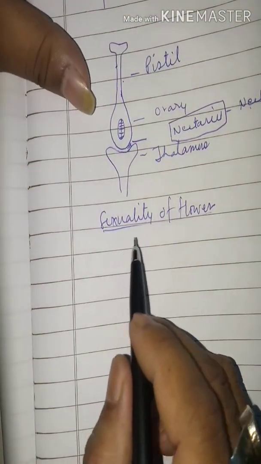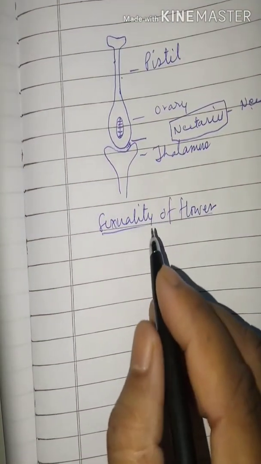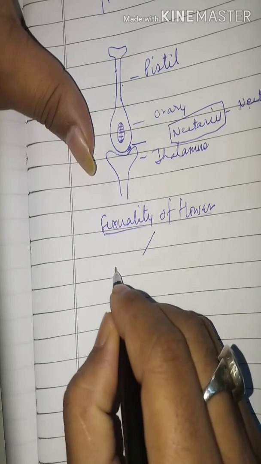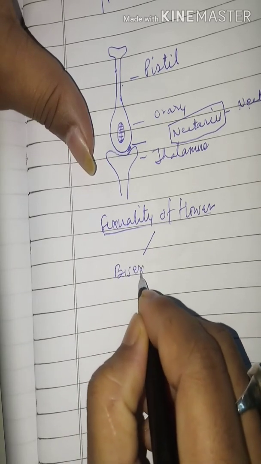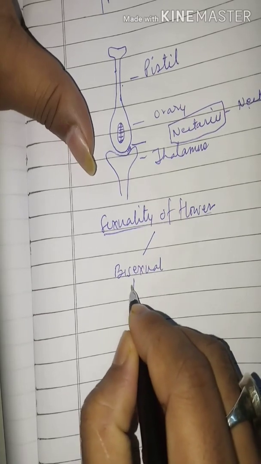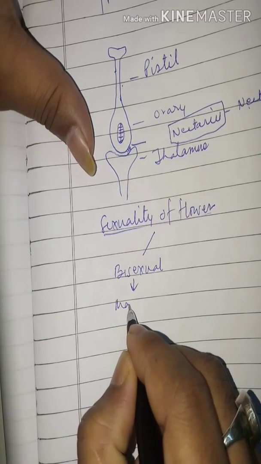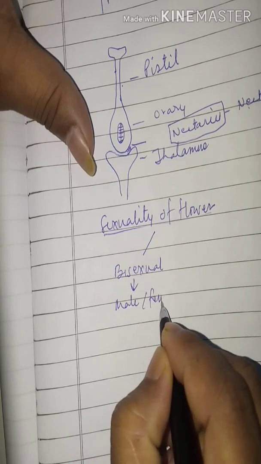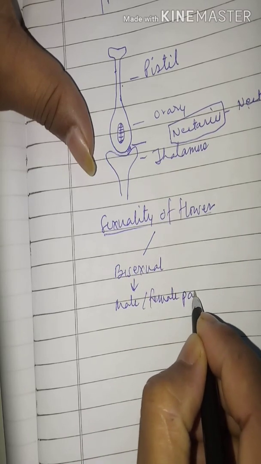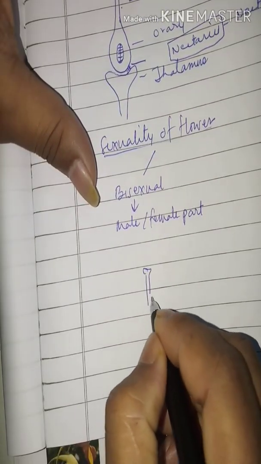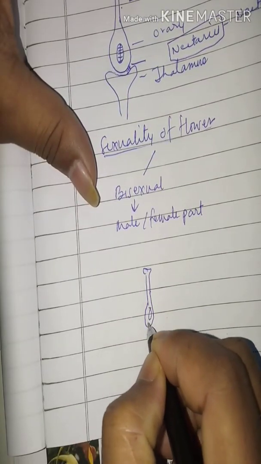See, sexuality of flower. A flower is said to be bisexual when it contains both parts, that is male and female part. So here this is the figure for a bisexual flower.